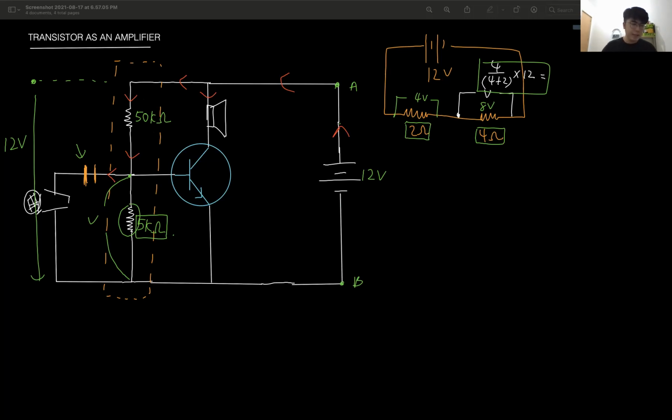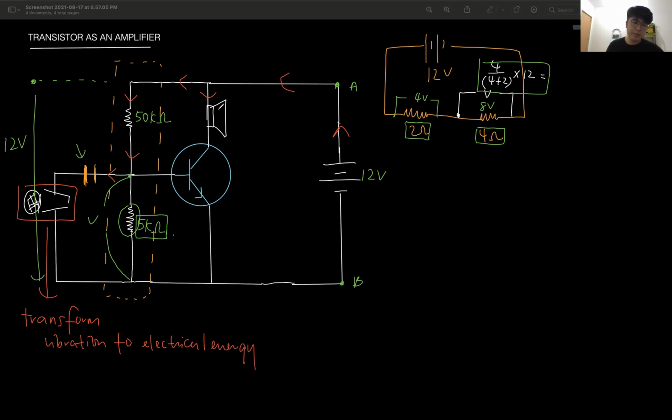And one thing, the microphone, what is the function of the microphone? It transforms the vibration of sound to what? To electrical energy, right? And then what is the function of the speaker here? The speaker does not amplify. This is a lot of confusion. A lot of people think that the speaker is the one that amplifies the sound.